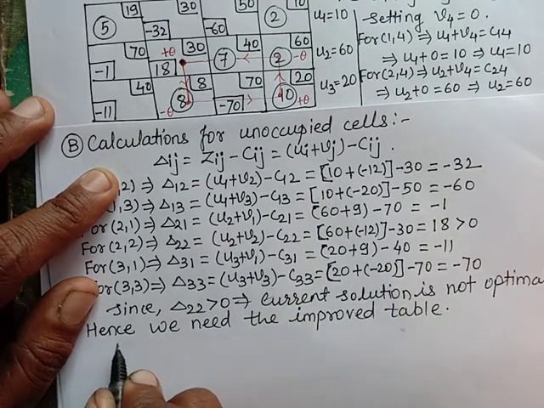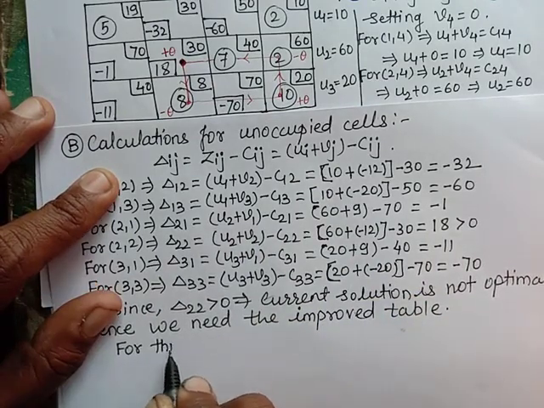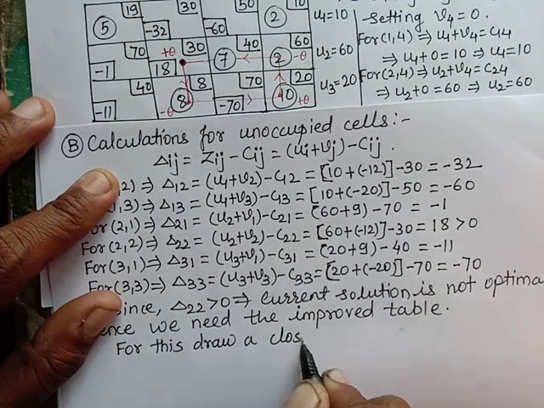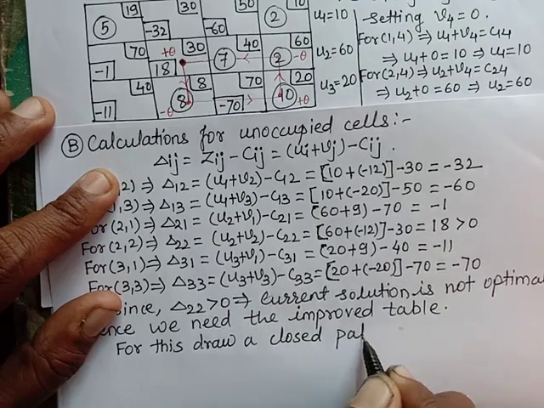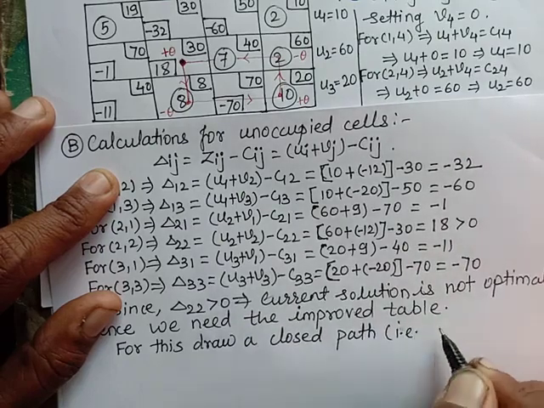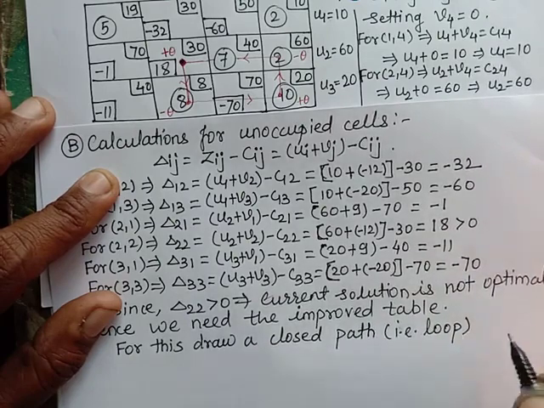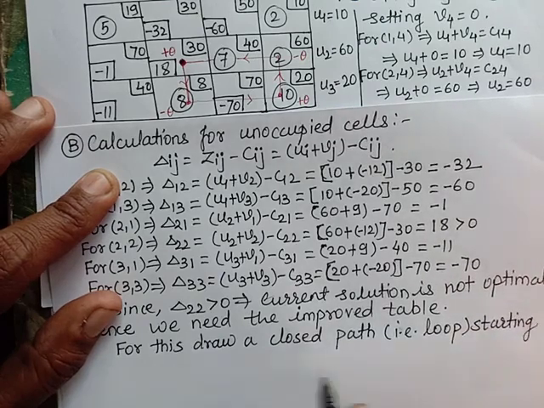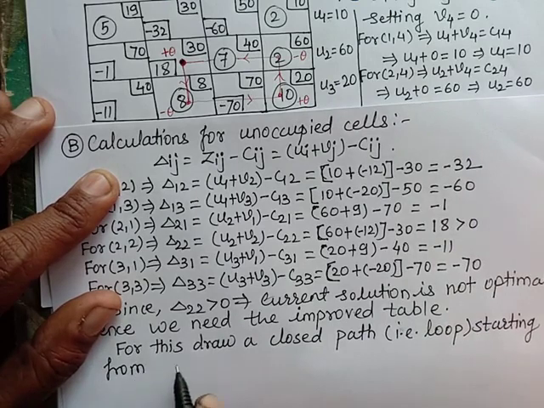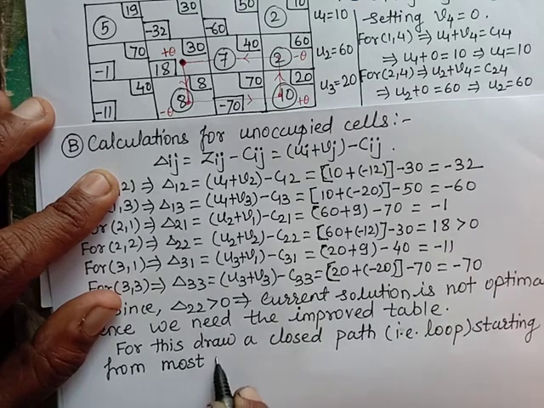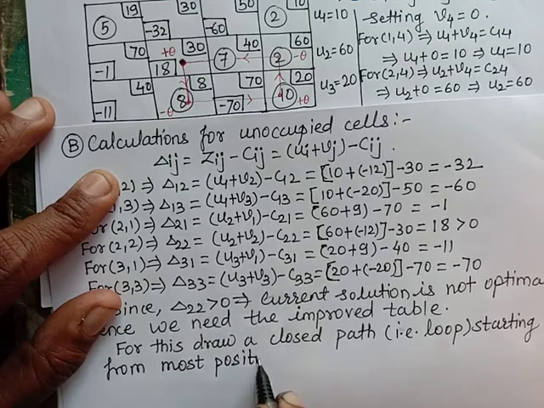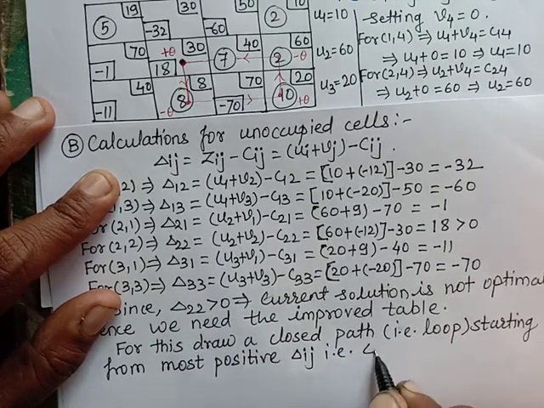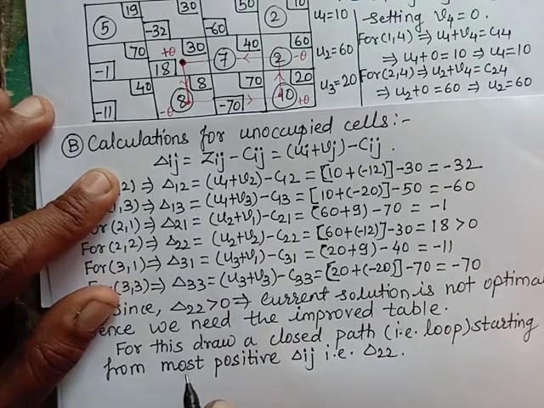So for this, draw a closed path, that is a loop, starting from the most positive delta ij, that is here delta 22.